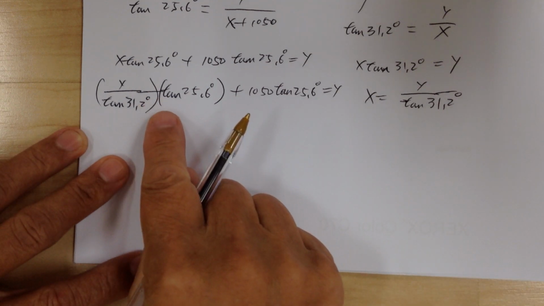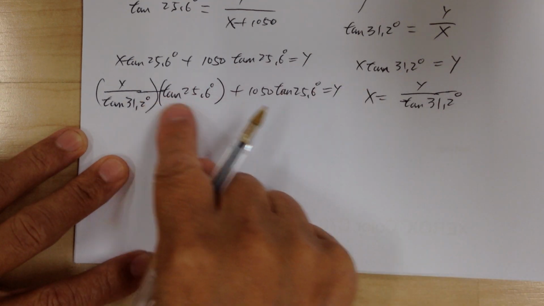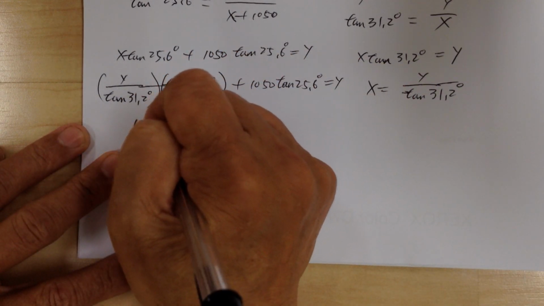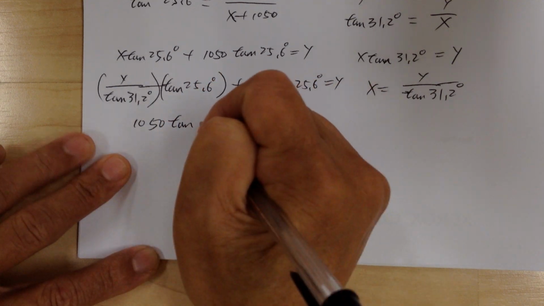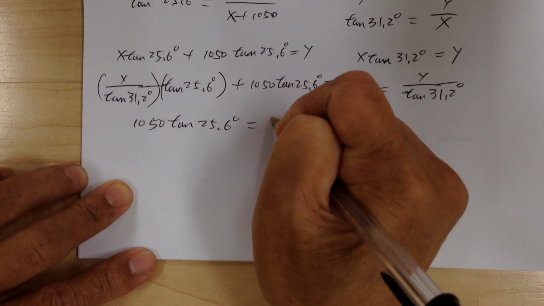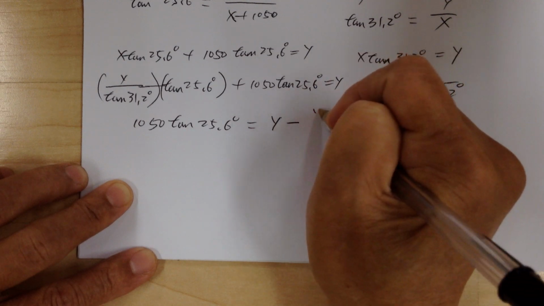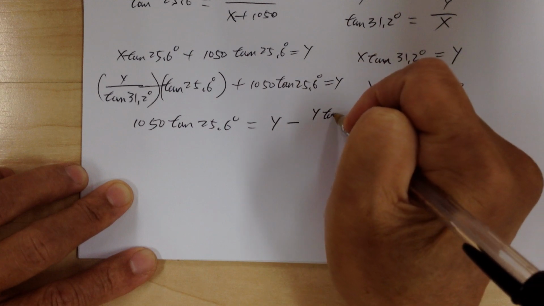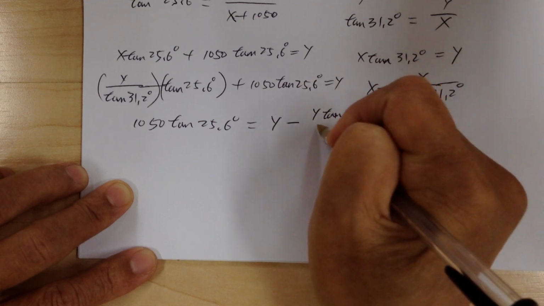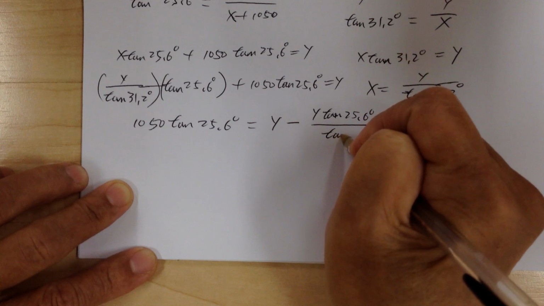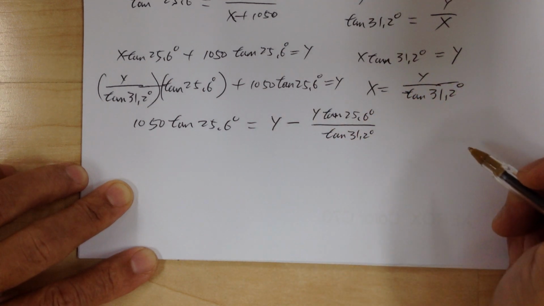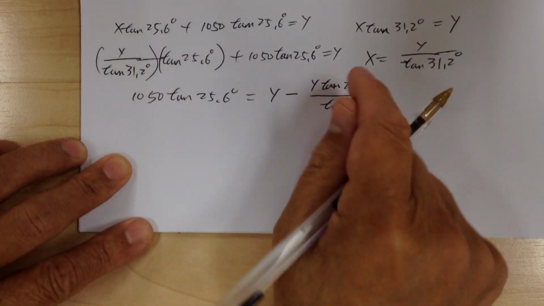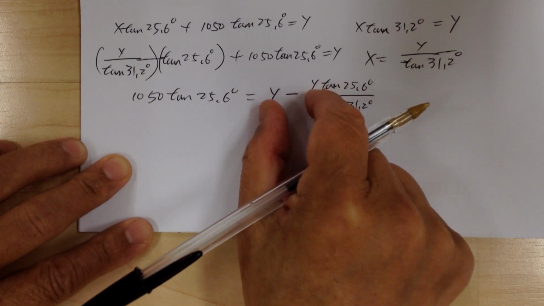So I'm going to move this over to this side, and I'm going to move this to here. So I got 1050 tangent of 25.6 degrees equal to y minus y tangent of 25.6 degrees over tangent of 31.2 degrees. The reason I move it over is so that I can get all the y in one place.